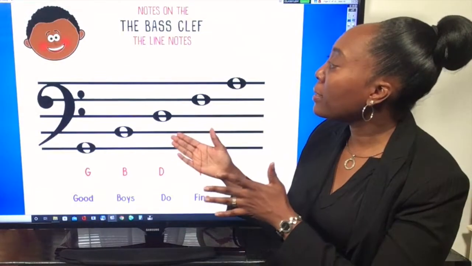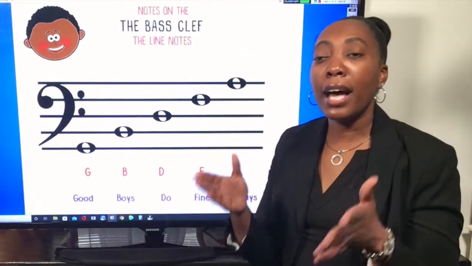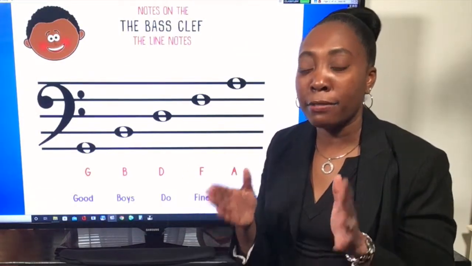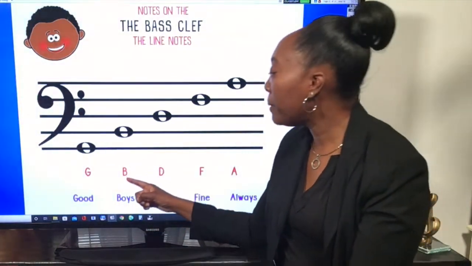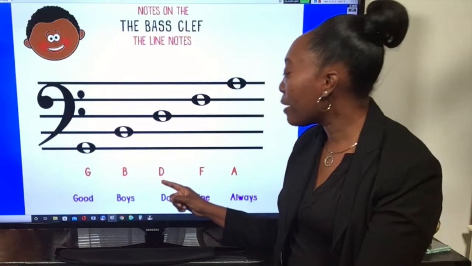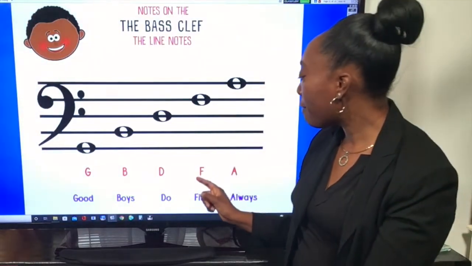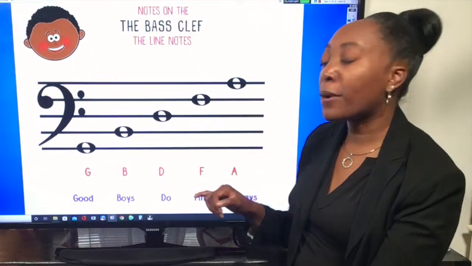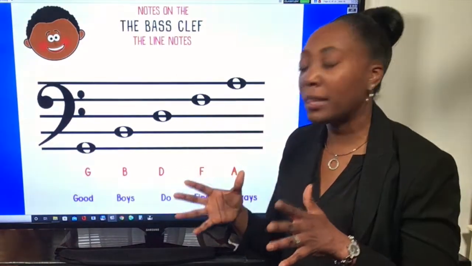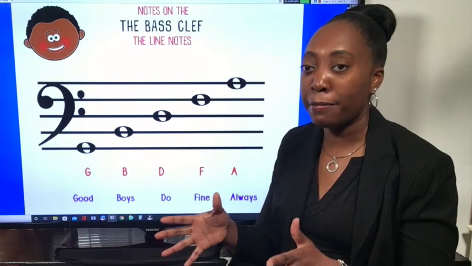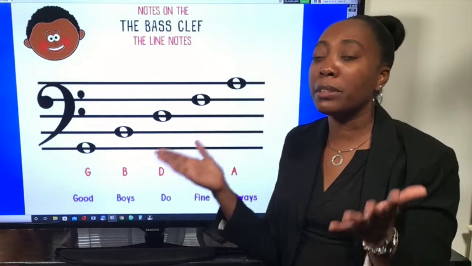When you get to your bass clef, the line notes in the bass clef are G for Good, B for Boy, D for Do, F for Fine, A for Always, okay? So those are our line notes in the bass clef. And you can make up your own sentence.